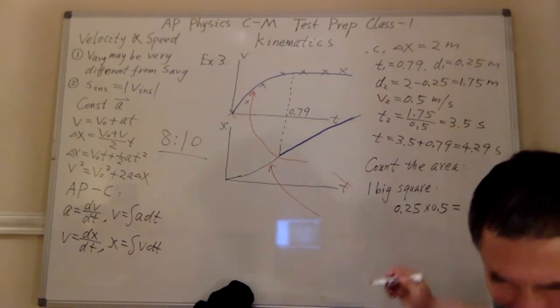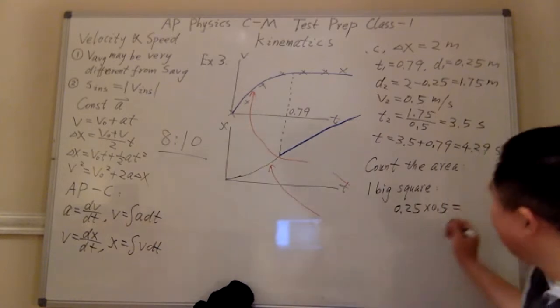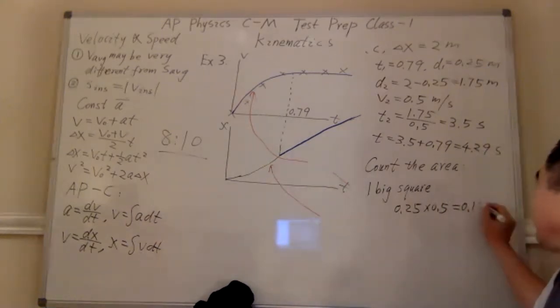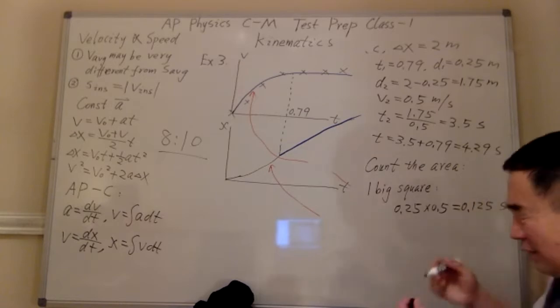So one big square means 0.125 meter, since you multiply velocity by time.